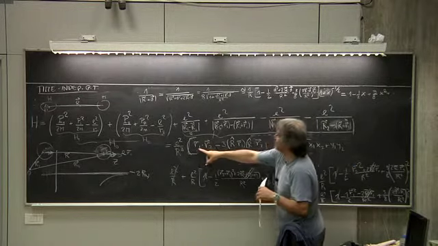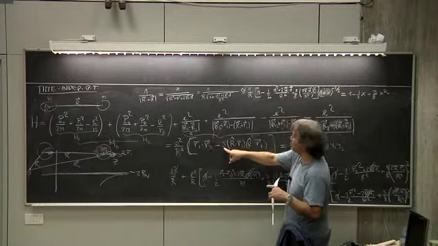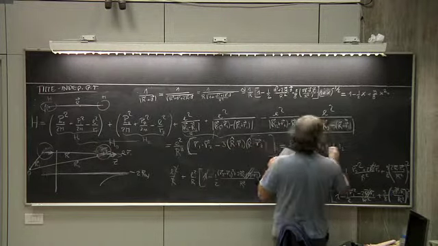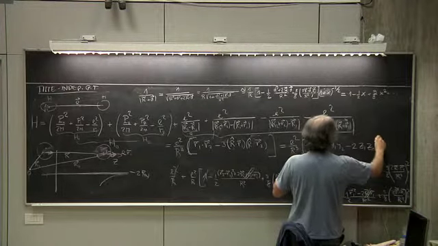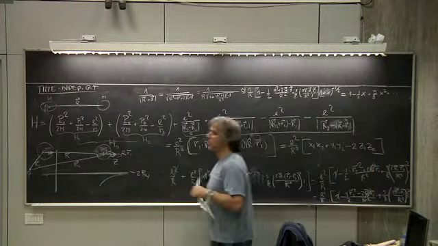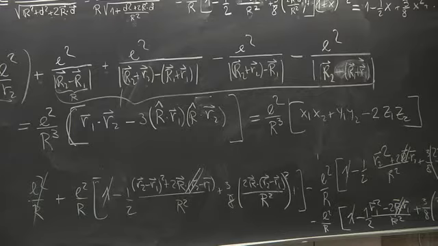There is a plus z1 z2, which is cancelled by minus 3, and you get minus 2 z1 z2. Okay? So this is the dipole-dipole term, which is a perturbation of the two hydrogen atoms.